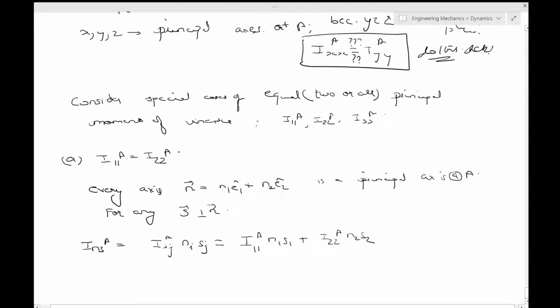Since I11 is the same as I22, you can just take I11 of A common and write it as n1 s1 plus n2 s2, and this is equal to 0 because n dot s is equal to 0 for every s perpendicular to n. Okay, and this means that I11 of A times n dot s is equal to 0.